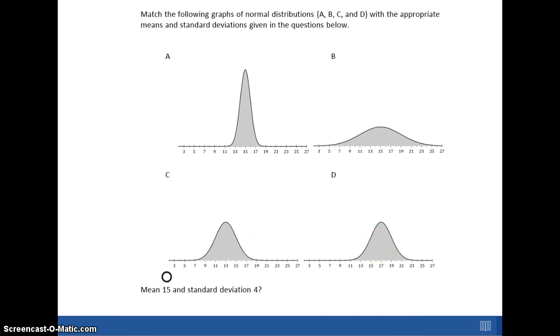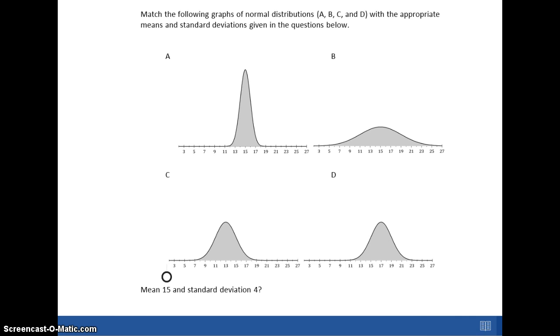Again, how do you know what the mean is? It's the data value at the peak. So we have a mean of 15 for graph A and for graph B. But we want the standard deviation to be 4. 4 standard deviations is 16.